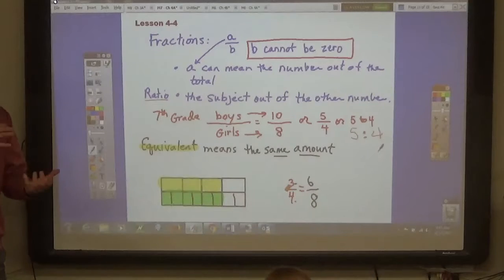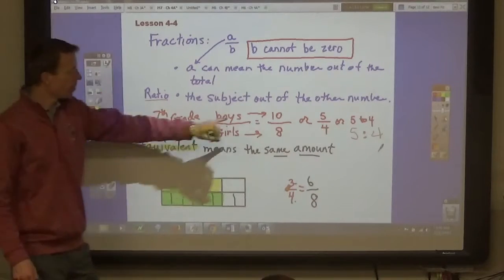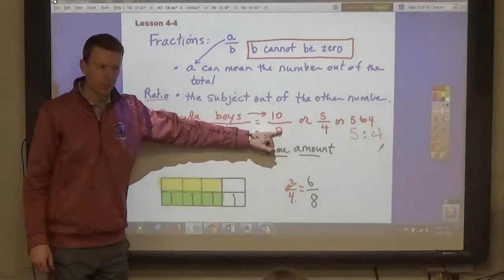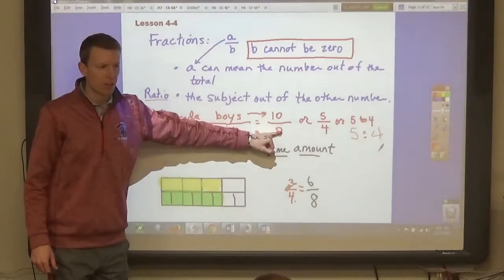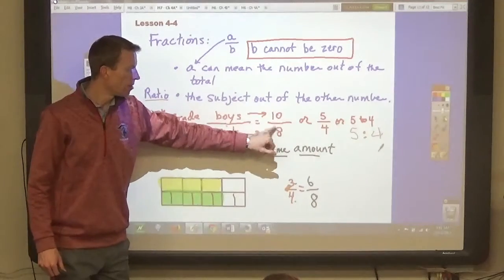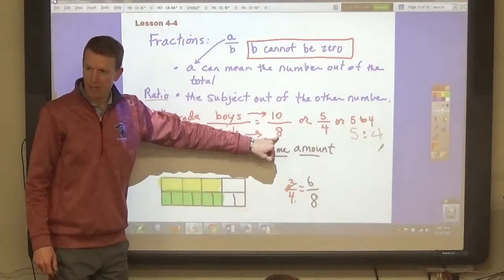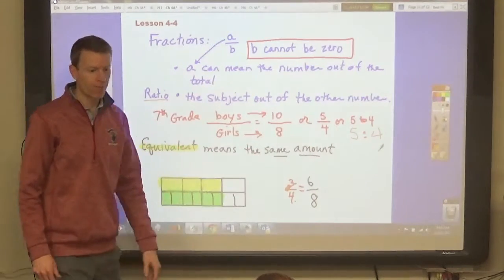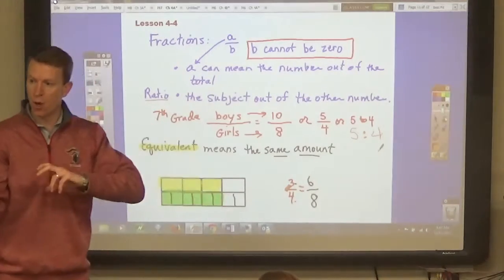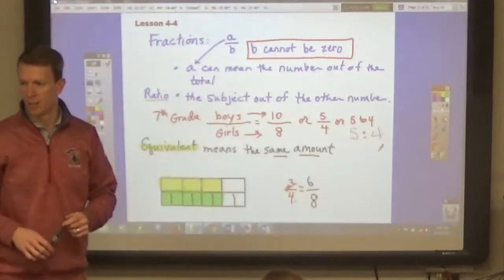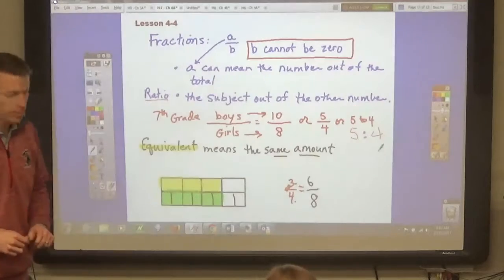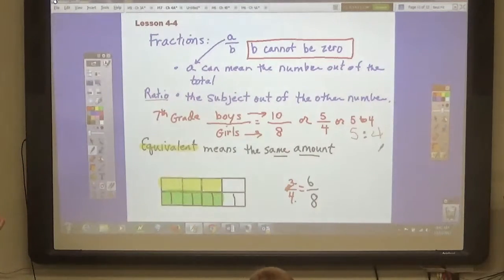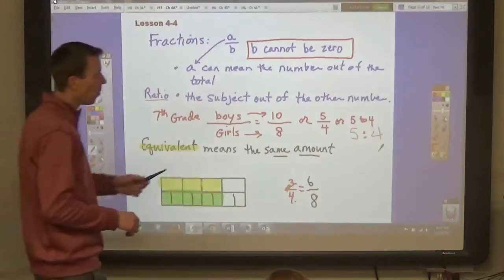We could change it into a fraction where the amount is written out of the total, by adding these two numbers and then writing that as the denominator. Okay, and that's a different kind of fraction. That's a fraction of the amount out of the total. Yes? So then wouldn't it be like 1 and 2/8? No, it would be 5 to 4.